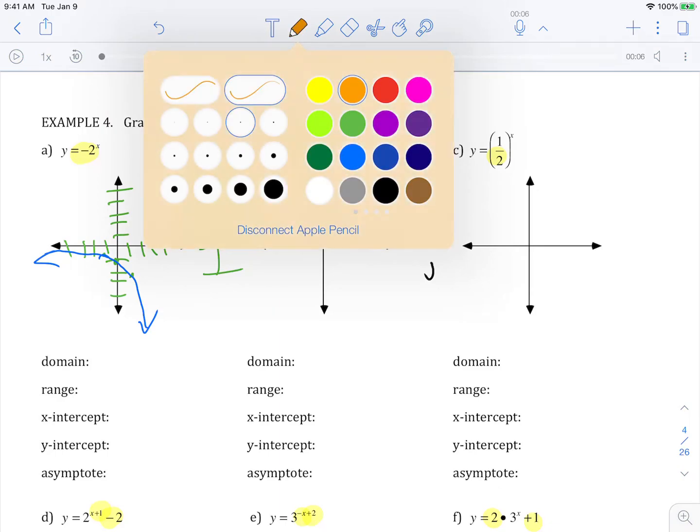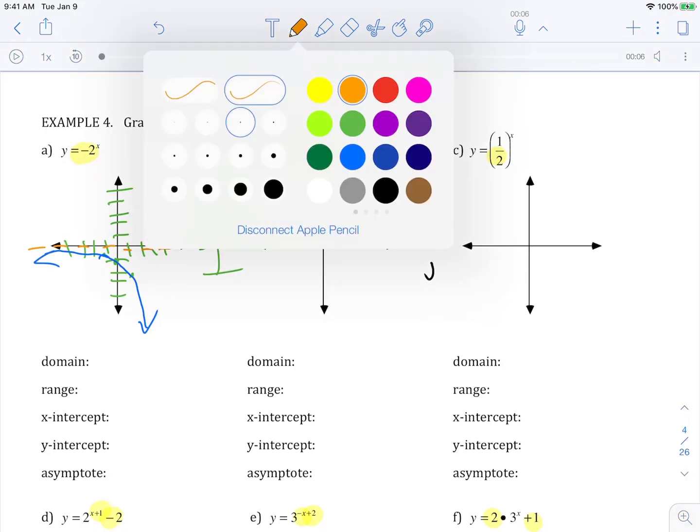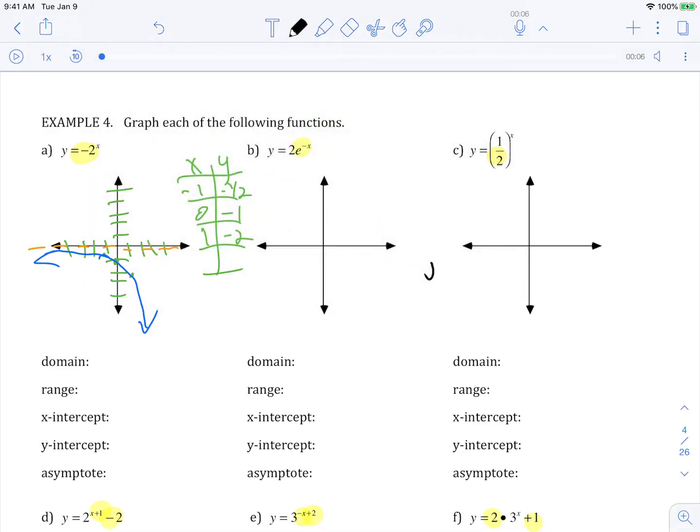And we also know that there is our asymptote right here, because as you see, the graph approaches the x-axis but never actually touches the x-axis. So to answer these questions, all of them are going to have the same domain, but now the range, instead of being from 0 to infinity, is going to be from negative infinity to 0.